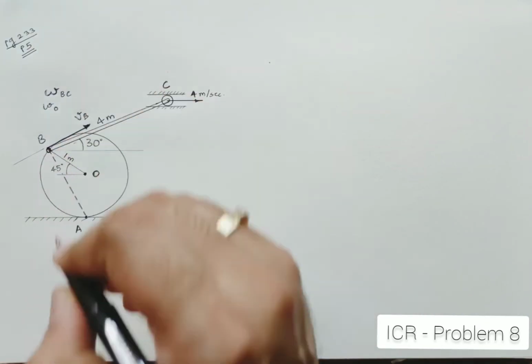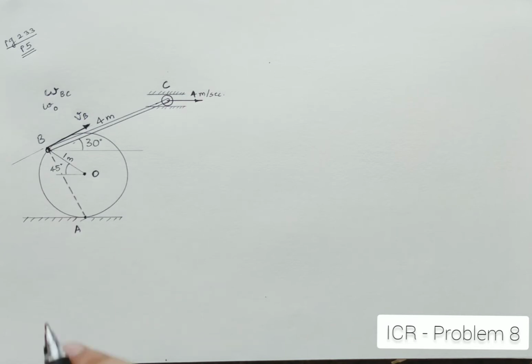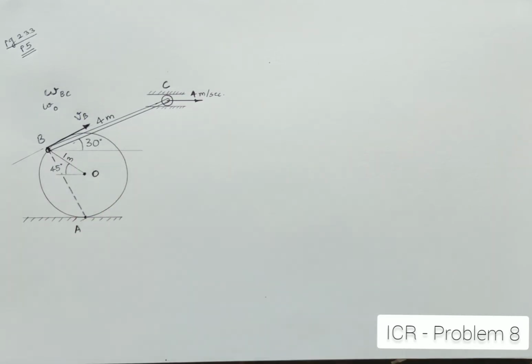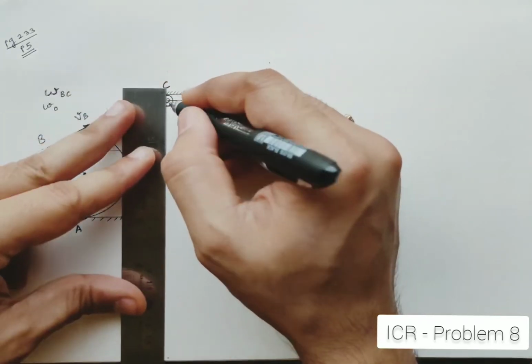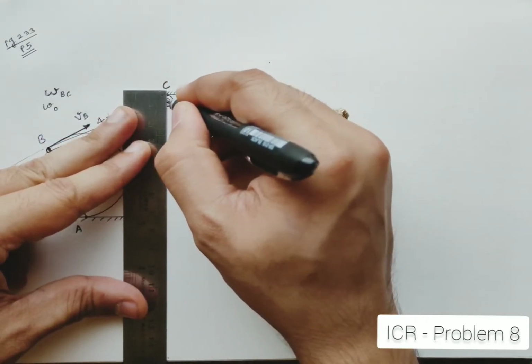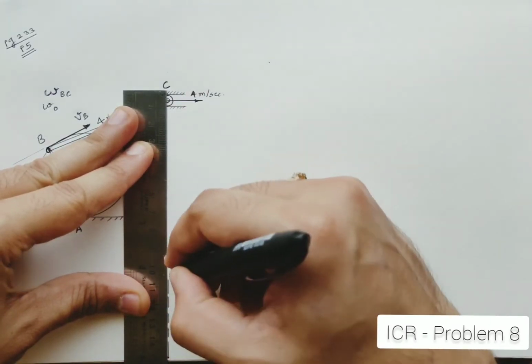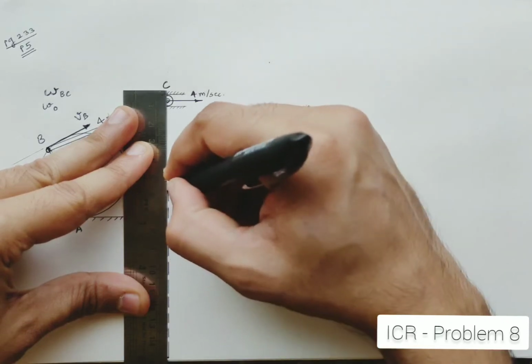VB. So now I know the velocity of two different points on the same link, which is B and C. So if I try to draw perpendiculars from both the velocities, the intersection of them will be giving me nothing but the ICR. So let me just quickly draw the velocity perpendiculars over here.